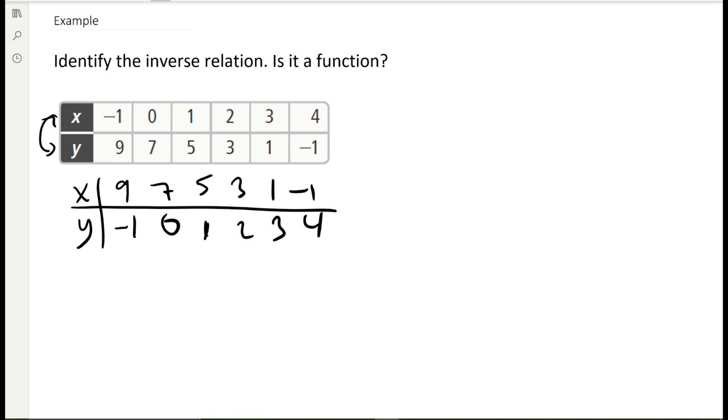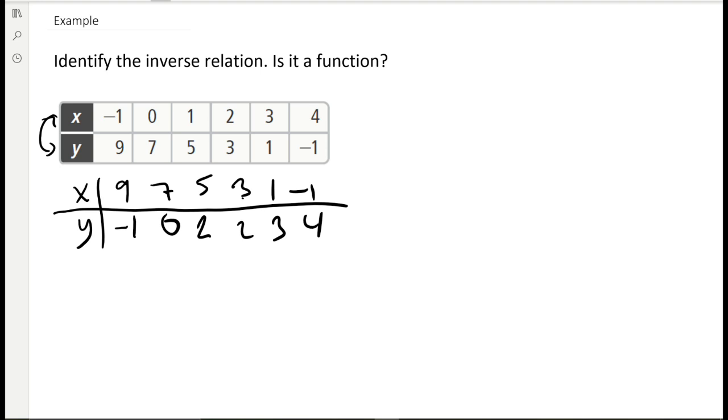Notice that even if you had two of the same y value, so let's say that this were a 2, so when x is 5, y is 2, and when x is 3, y is also 2, that would still be considered a function, because you have the same y value but you don't have the same x value giving you two different y values.